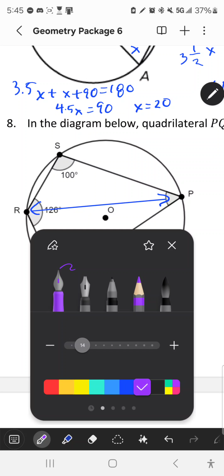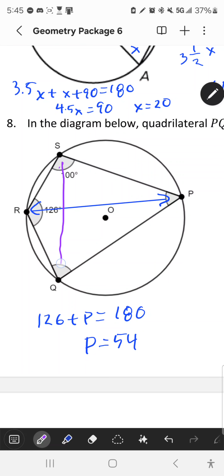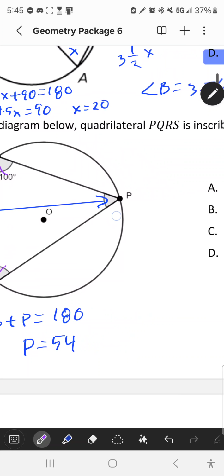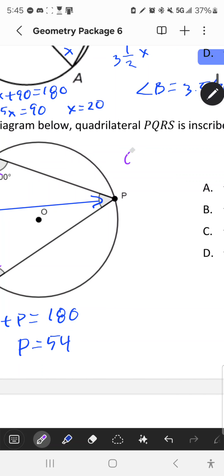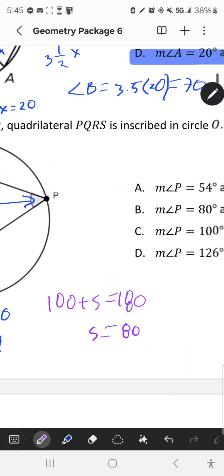And now here, 100 plus s is going to be equal to 180. If we subtract 100, we have that s equals 80.